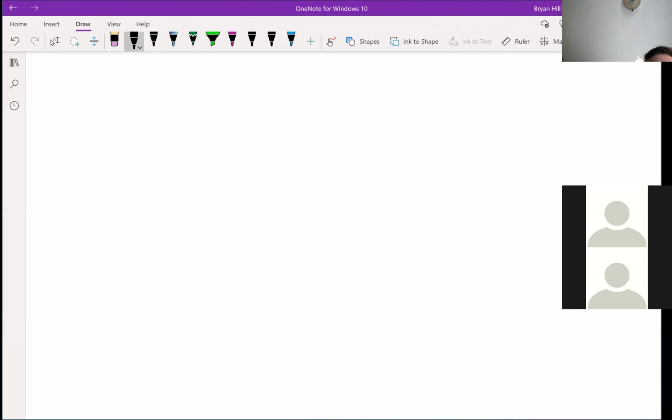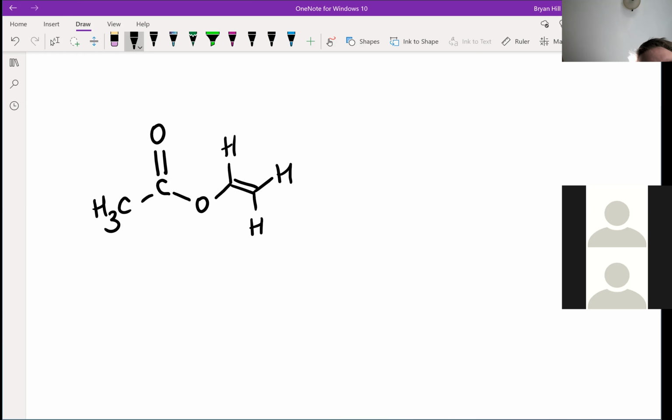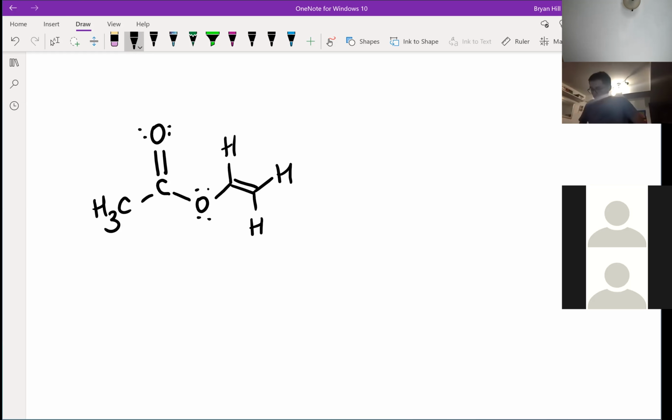So there's a couple things I thought I'd bring up first. If we were to, I'm going to just draw a little molecule here. If I was to ask everybody how many proton signals do you think you would get, what would be your conclusion?